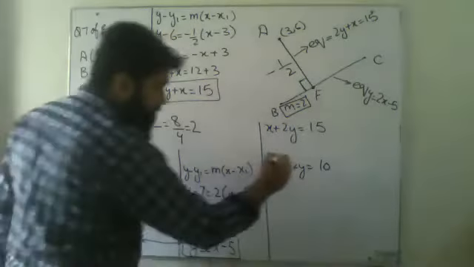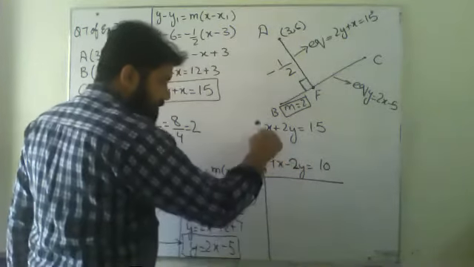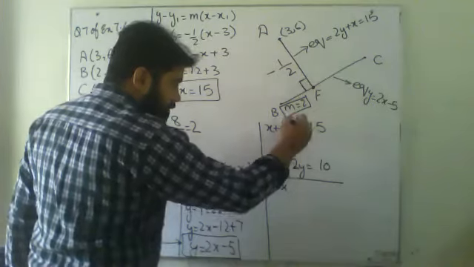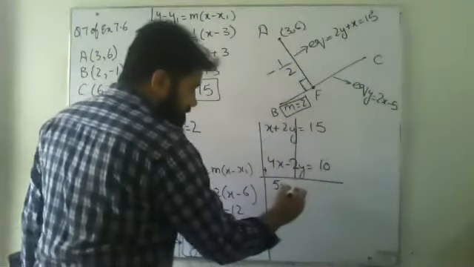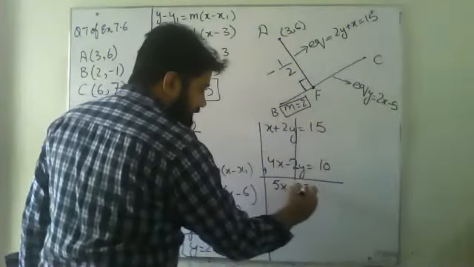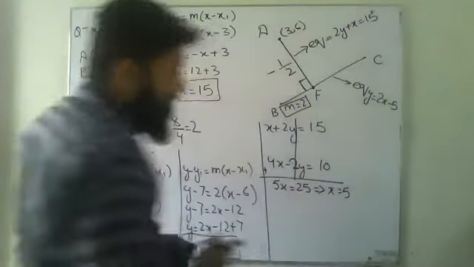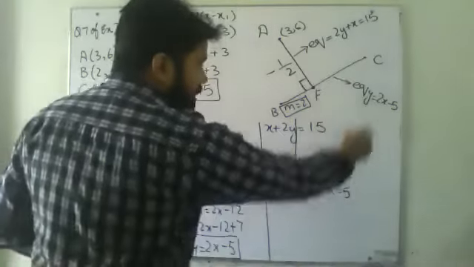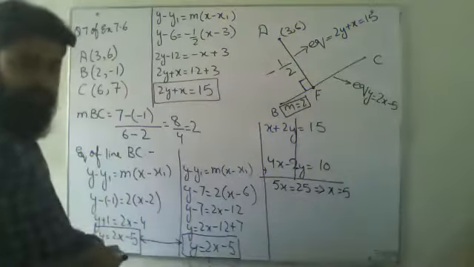Now, adding both equations, x plus 4x will be 5x, 2y minus 2y will be cancelled, 15 plus 10 will be 25, which means x will be equal to 5. Okay, I have got the value of x. Now either you can plug it in here or here to get the value of y.